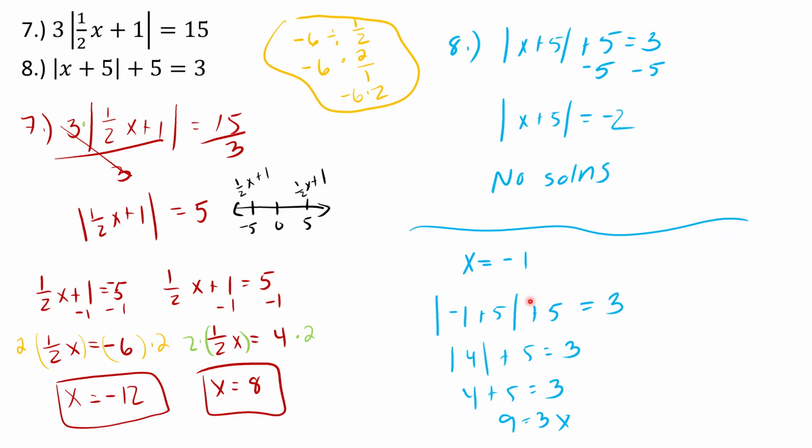And what you notice is whatever you plug in here, when you take the absolute value of it, you're going to end up with a positive number, or potentially 0. If you pick a -5, you can get a 0 here, but whatever that number is, it's going to be 0 or greater. If you take a number that's 0 or greater and add 5 to it, you cannot land at a 3. There's nothing that you can plug in that will work.